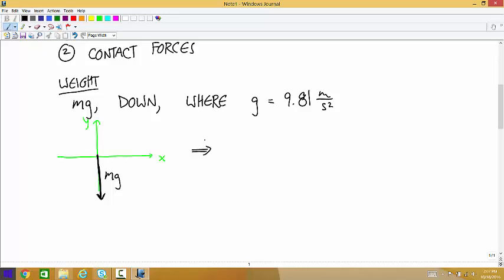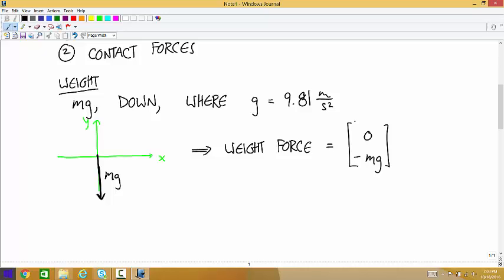And so the weight force is 0, negative 9.81. No, the weight force is negative mg, like that.